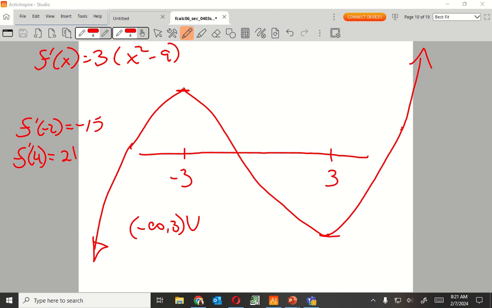Increasing from 3 to infinity, because I have more than one place that it's going up, right? That's my increasing. And then decreasing is going to be from negative 3 to positive 3.